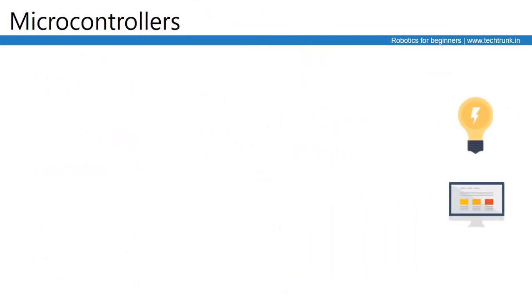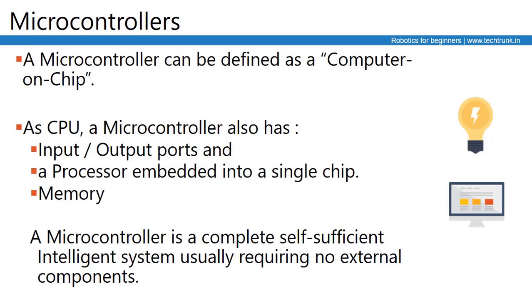Talking about what exactly a microcontroller is. A microcontroller can be defined as a computer on a chip. It means the complete computer, including the flash memory, the RAM, the processor, the input-output ports, and other peripheral interfaces, everything on the same chip, can be called a microcontroller.